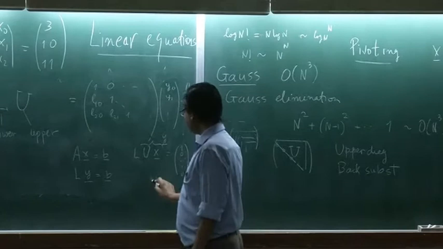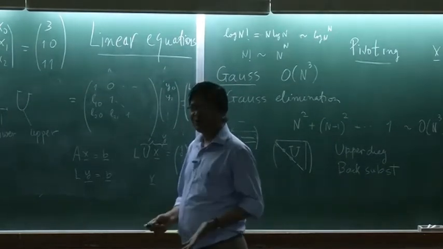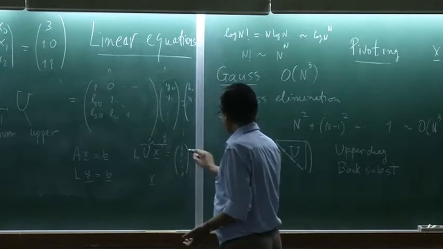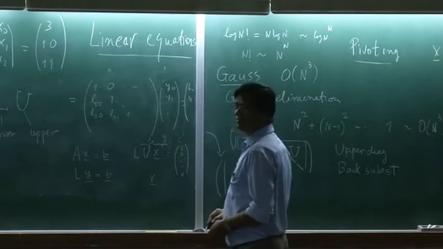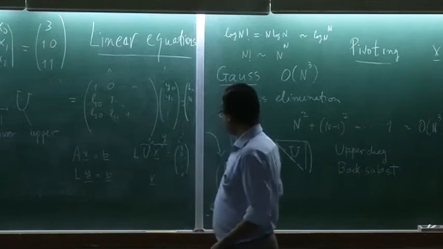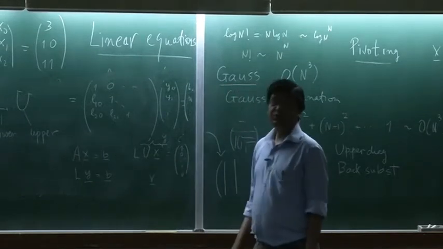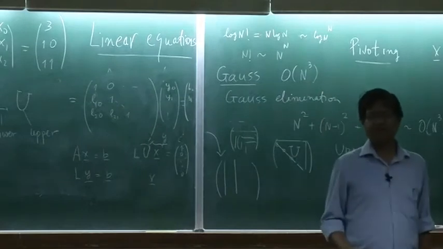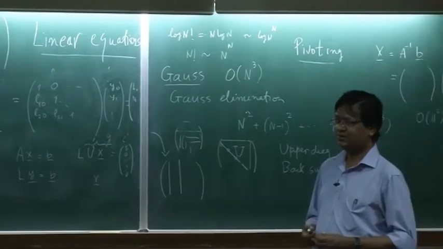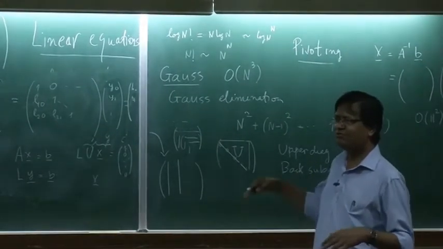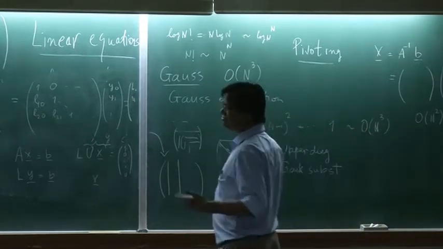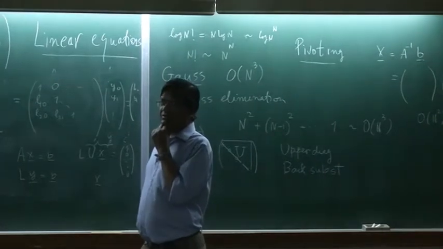That will give me X, which is the first column of A inverse, you can do it as homework. For the second, put 0 1 0 0, compute X, and that will be the second column of A inverse. You do this again and again for each column, and that gives you A inverse. So given LU, you can easily compute A inverse, and all of this is order n cube. Once you have A inverse, you can solve for any B.